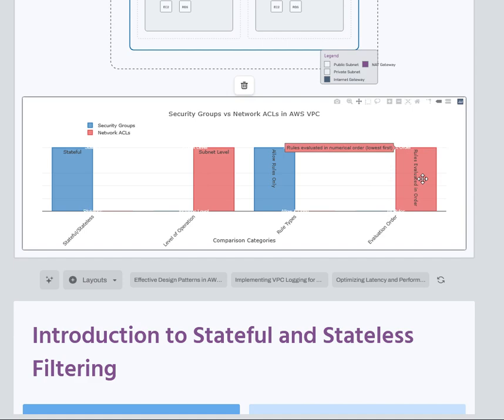So if you have something in a low-numbered rule, that will be evaluated first, and something with a higher number will be evaluated after the lower numbers, right?